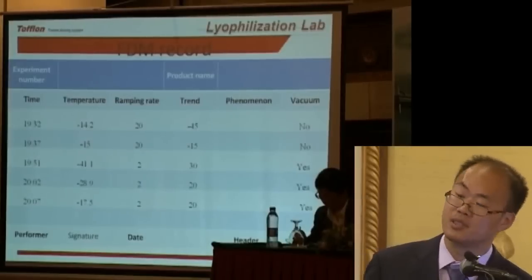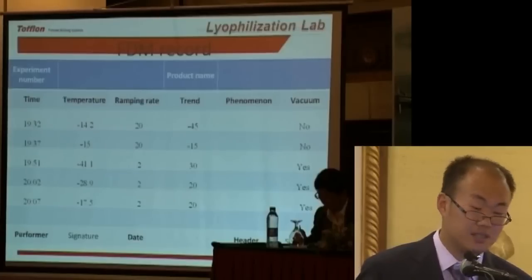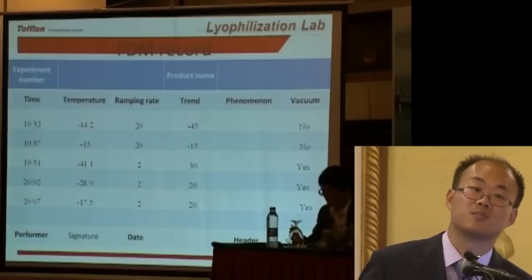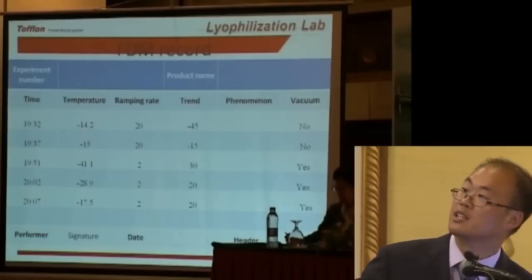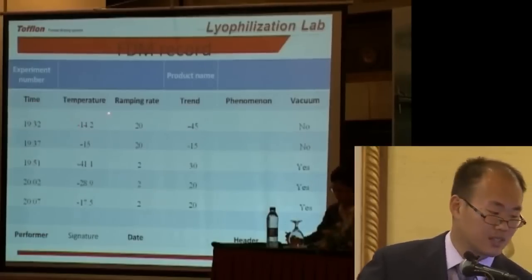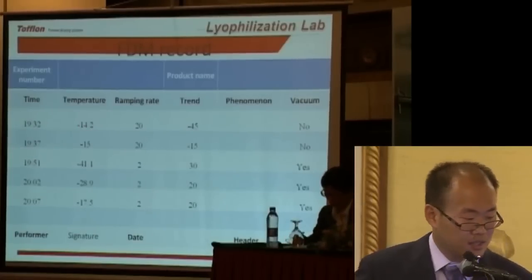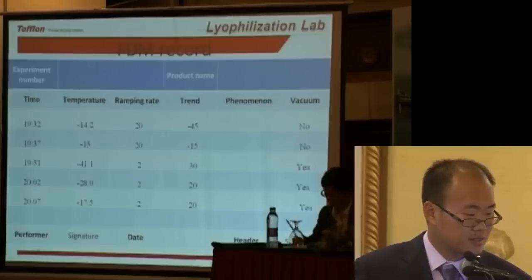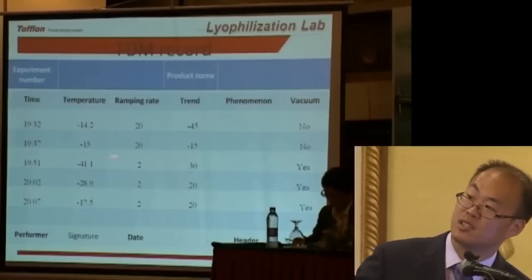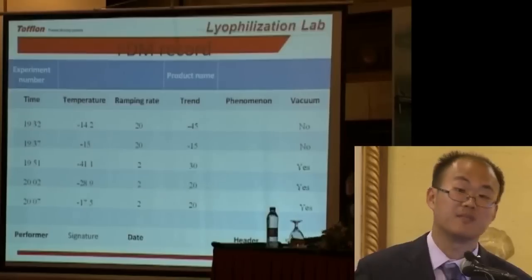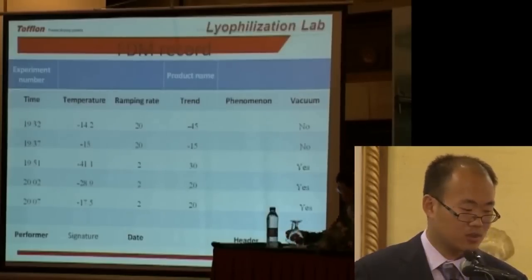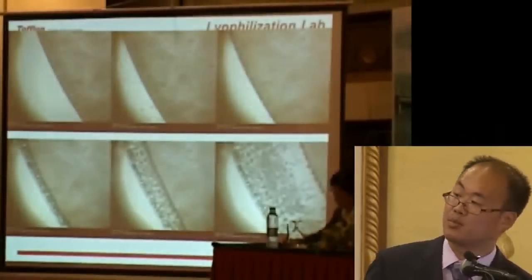Just as this table said, that is a regular freezing process. Now, as we see, the temperature decreases from minus 14 to minus 41 centigrade to determine the collapse temperature.